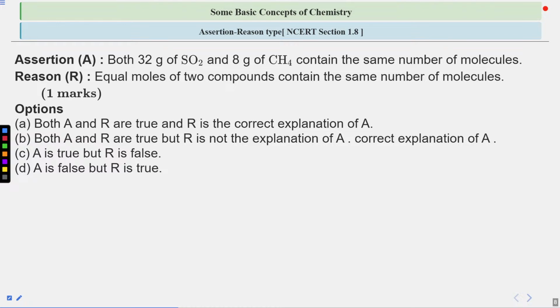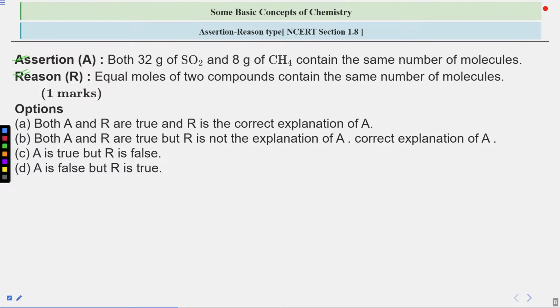Our next question is an assertion reason type. This is also an MCQ type, but here it will be an assertion reason type. This type of question is also asked in the JEE, and now it is also seen in the CBSE exams. The question is basically asking you to give a statement and the reason for that statement.